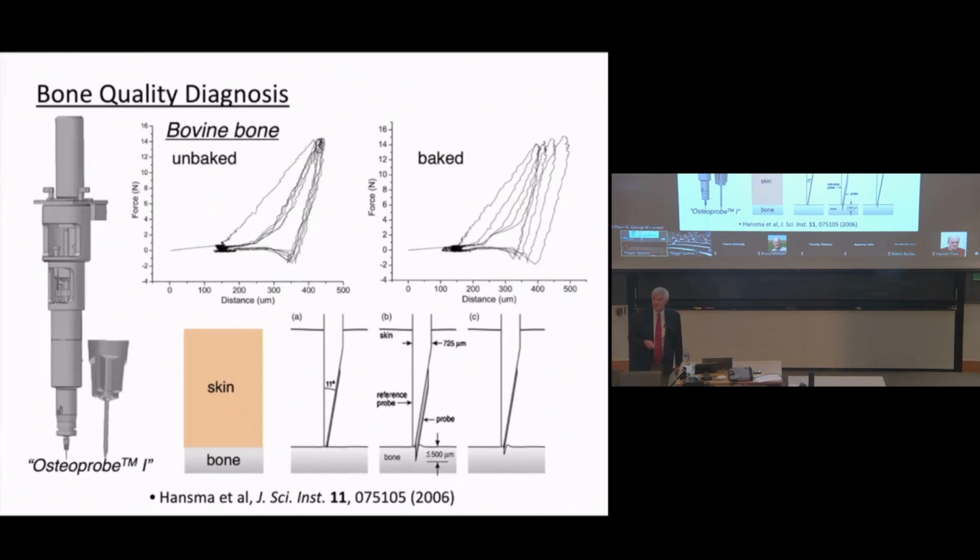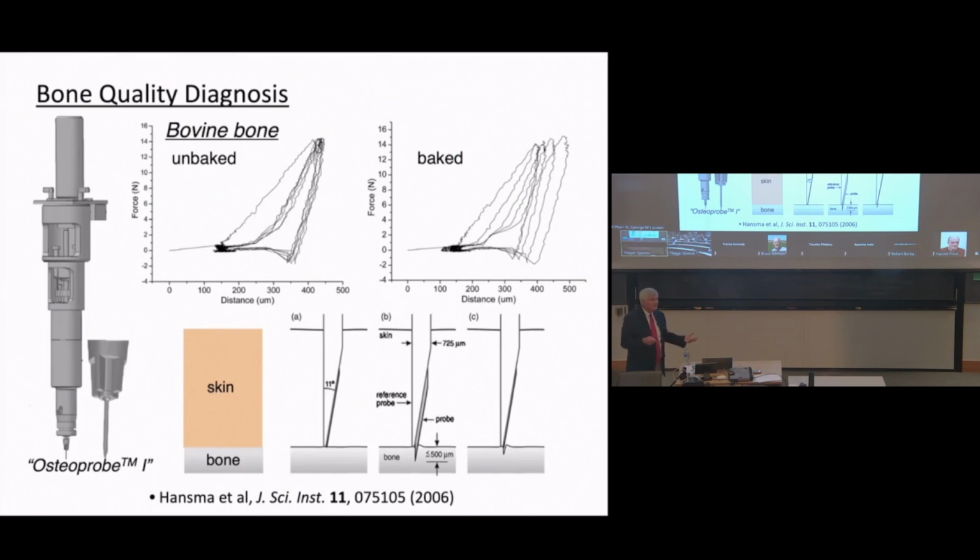In the early days of this, when they didn't know what they were doing, they were interested in seeing if there was anything that they could tell whether one bone condition was different from another. And what they did was they went to the local meat store and bought a piece of steak that had a bone still in it. They cut the bone down the middle. They took one half of the bone and did some force displacement curves in the unbaked condition, and then took the other half, the mating side, and they cooked it for a while.